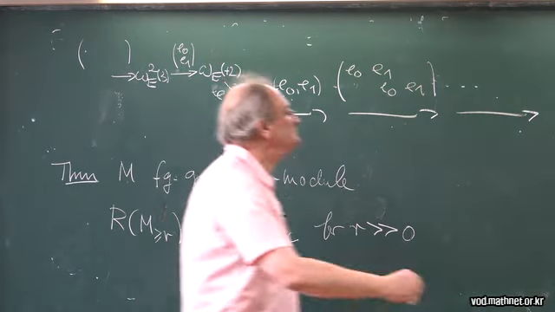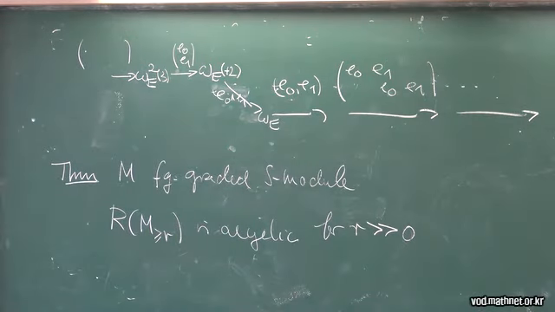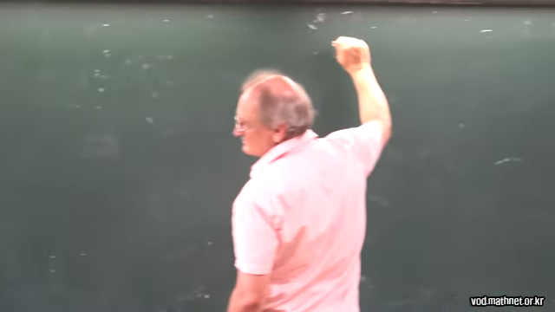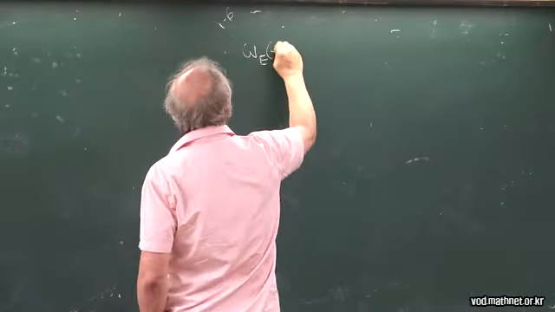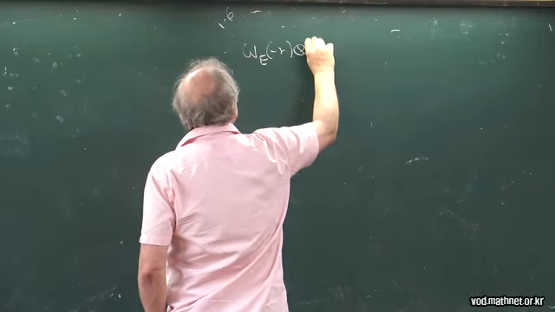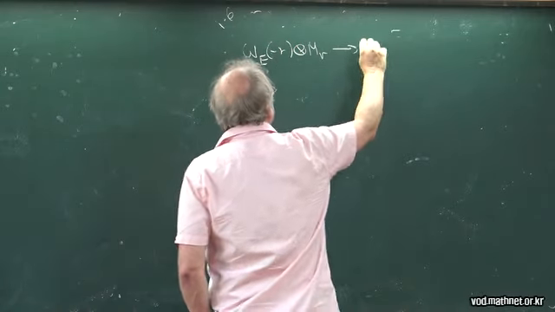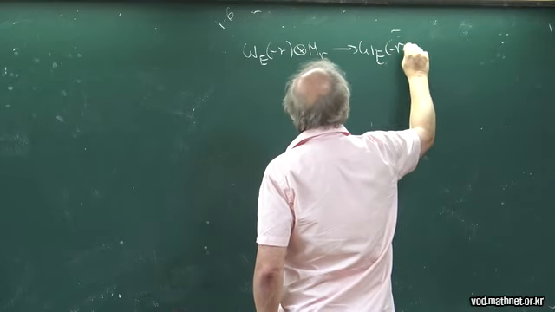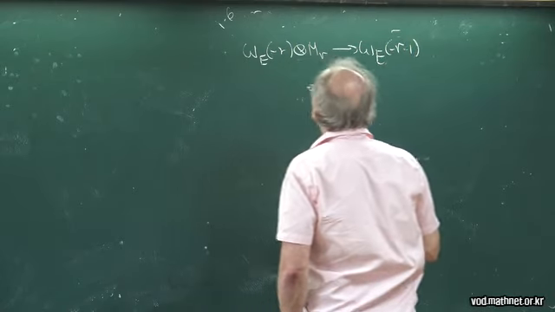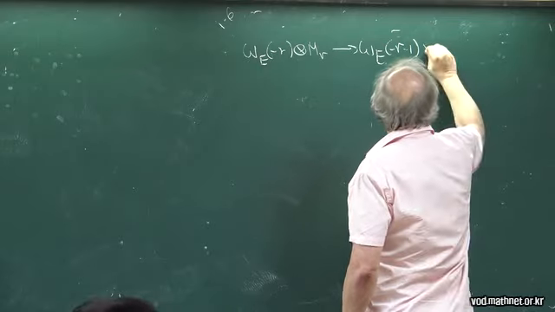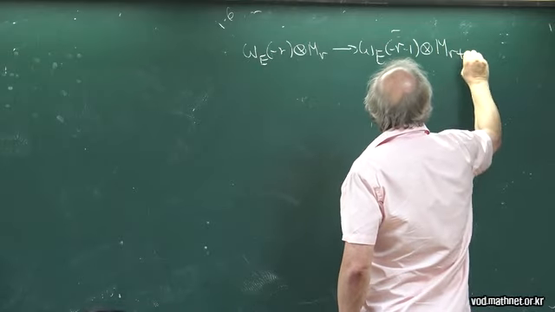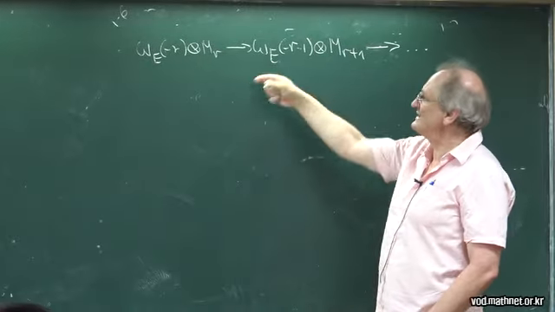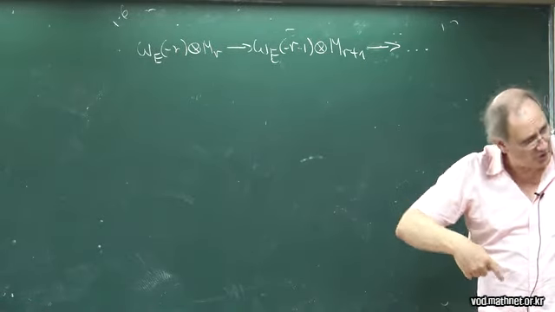So we have our omega E twisted by minus R times M_R, and this goes to omega E minus R minus 1 times M_(R+1), and so on. And the claim is that this is a resolution of the kernel.